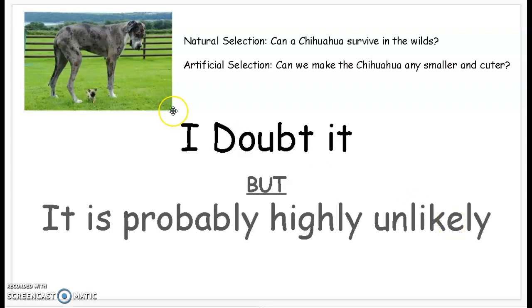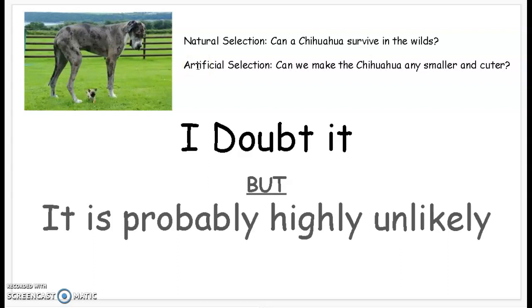Now, let me back up my reasoning for my little joke. This is a Great Dane. That is a little Chihuahua. So tell me, natural selection, let nature do the thinking. Can a Chihuahua really survive in the wild? I'm still leaning towards highly unlikely. But there's a reason why we have a Chihuahua. It's because of artificial selection.